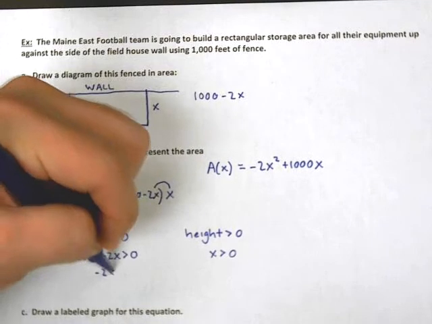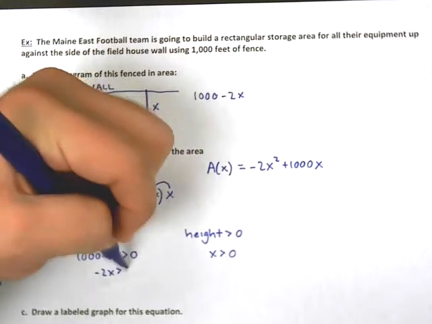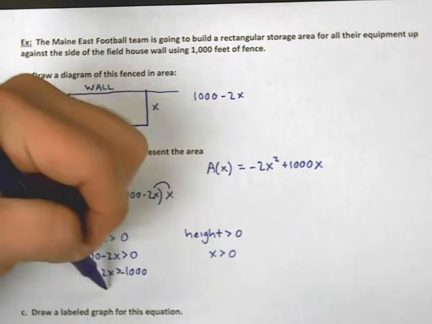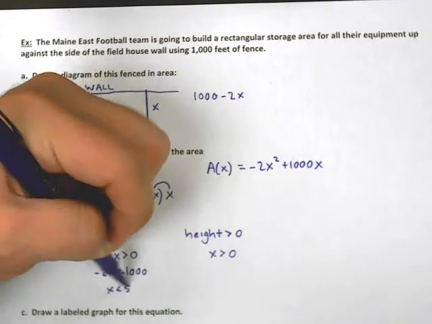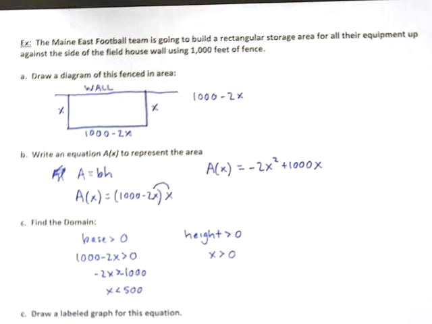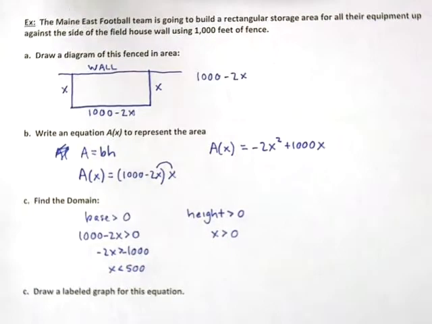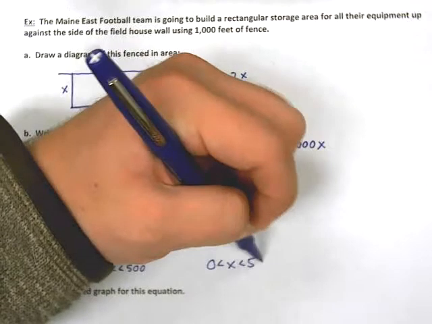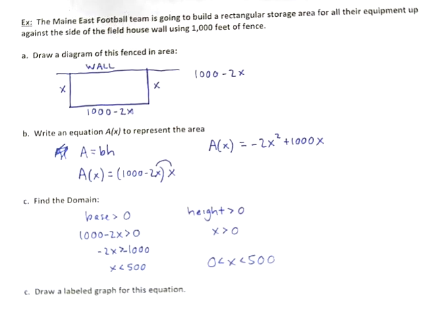So I have negative 2x is greater than negative 1,000. And when I divide by negative 2, I get x has to be less than 500. Combine those two concepts together to get your final domain: 0 must be less than x, which must be less than 500.